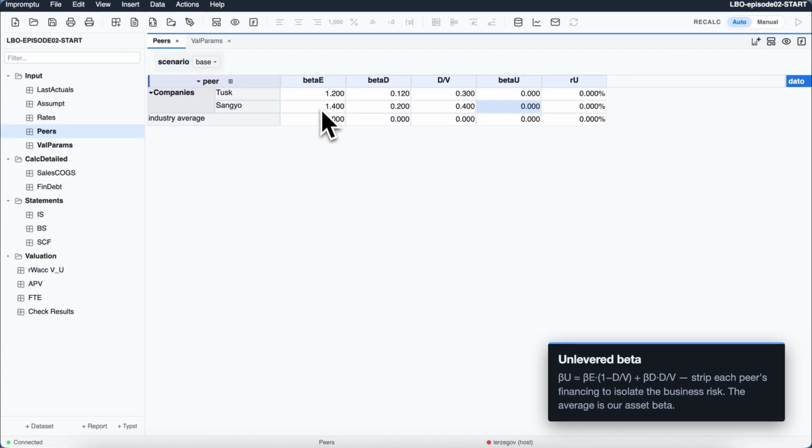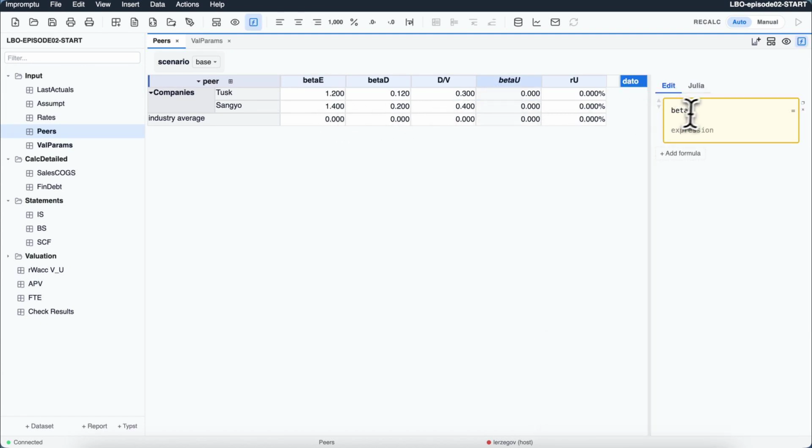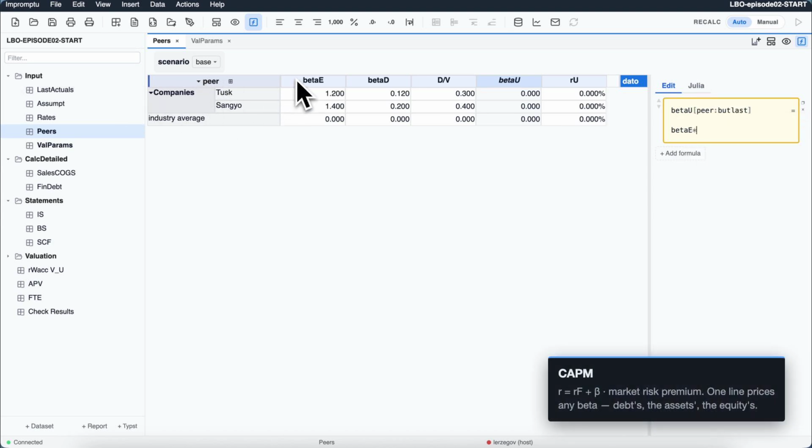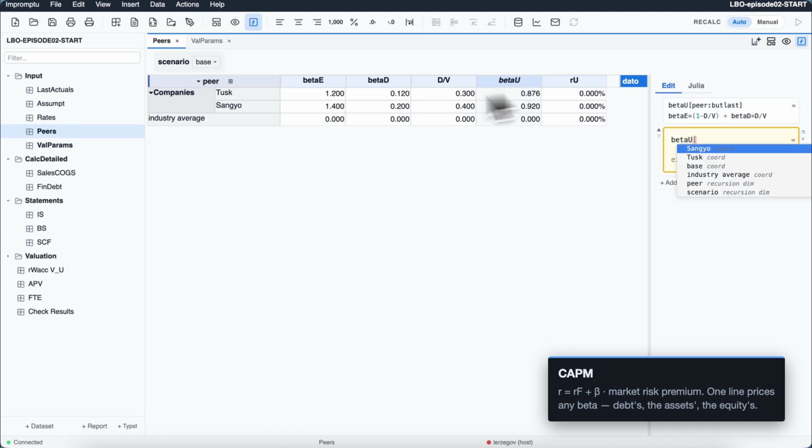Now, some formulas I'll actually write by hand. The unlevering. Asset beta, for peer companies, equals equity beta times the equity weight, plus debt beta times the debt weight. Average the 2. And there's our asset beta, 0.898, and then CAPM does the rest.